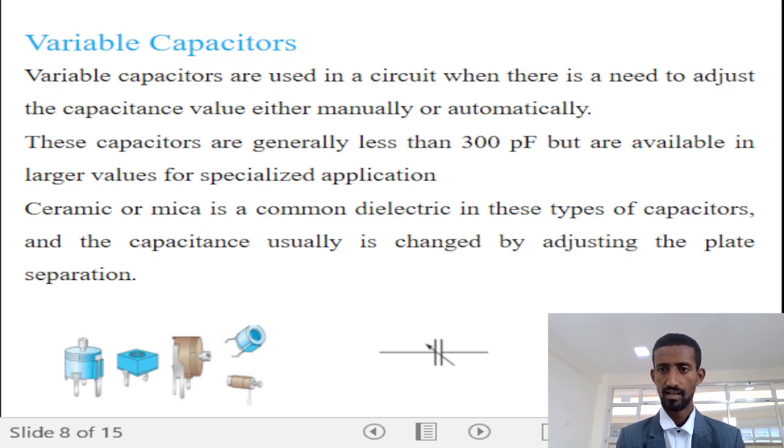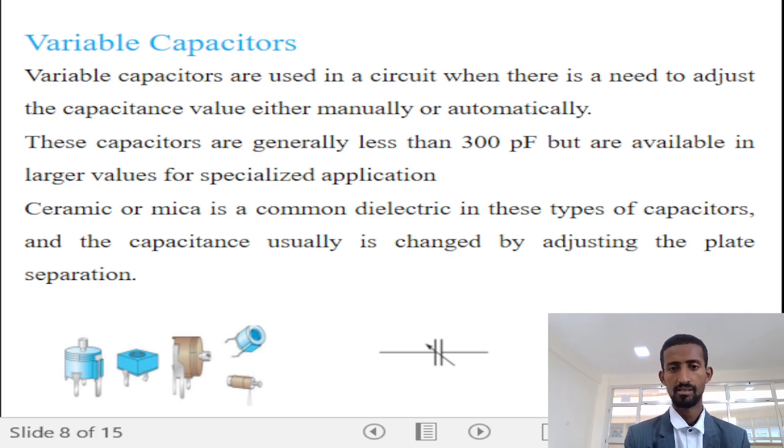These capacitors are generally less than 300 picofarad, but are available in larger values for specialized applications. Ceramic or mica is a common dielectric in this type of capacitor, and the capacitance usually is changed by adjusting the plate separation.